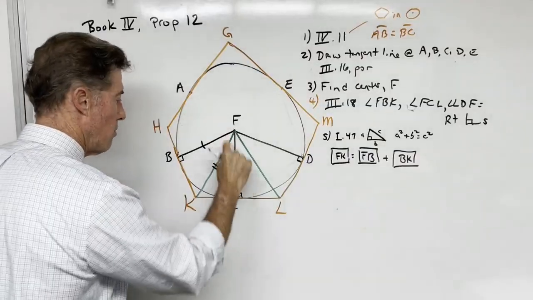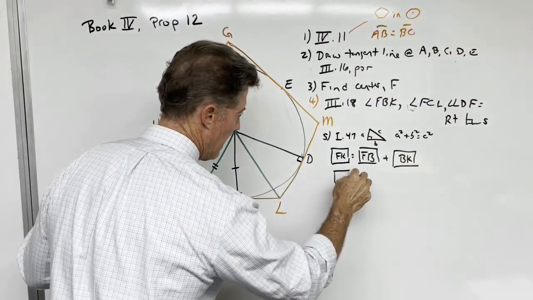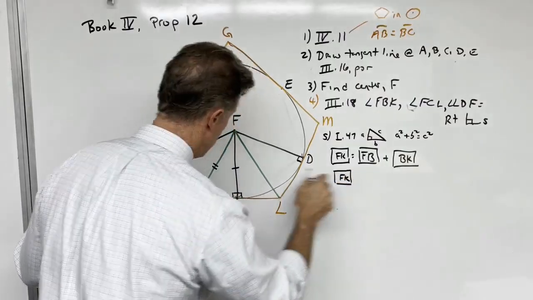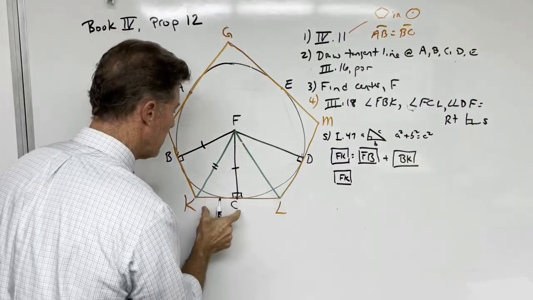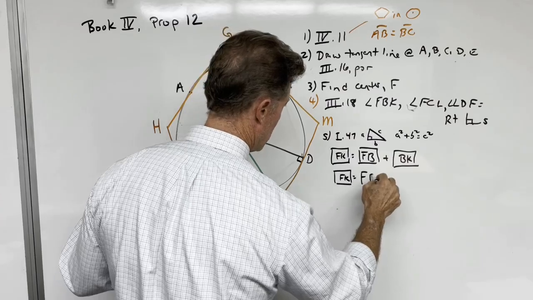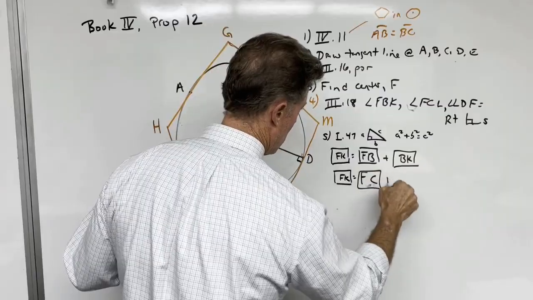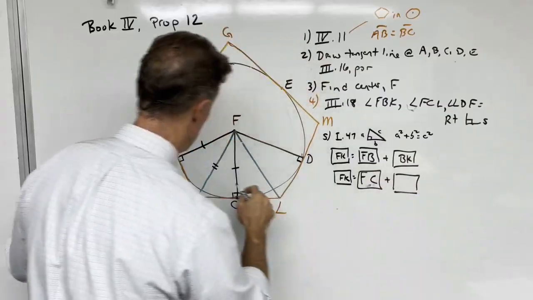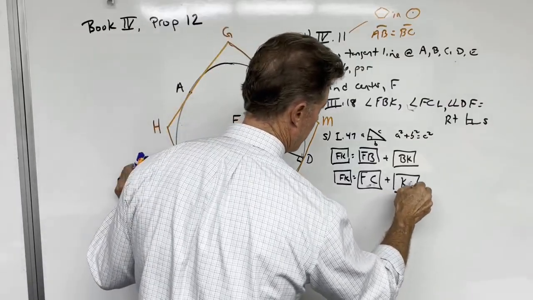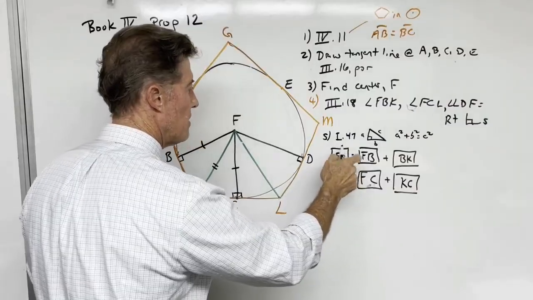Likewise, in this right triangle, the square on FK is equal to the square on FC plus the square on KC. But these are obviously the same thing. The squares on FK are the same.